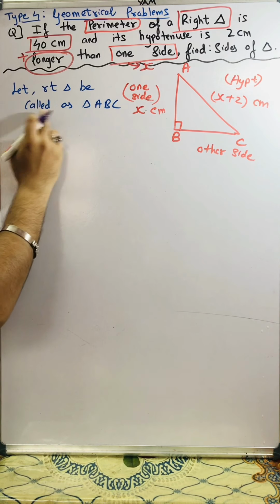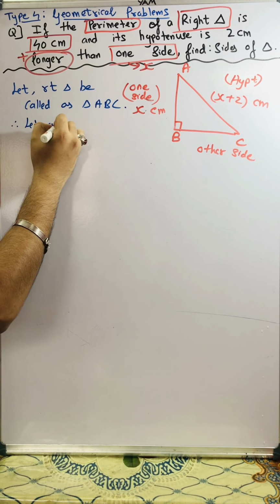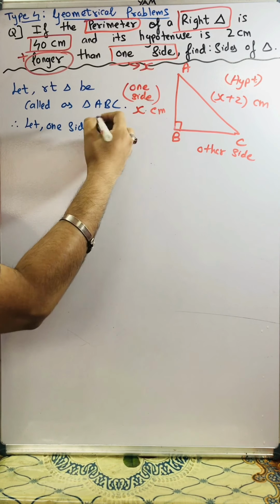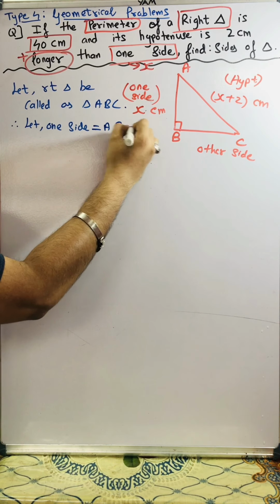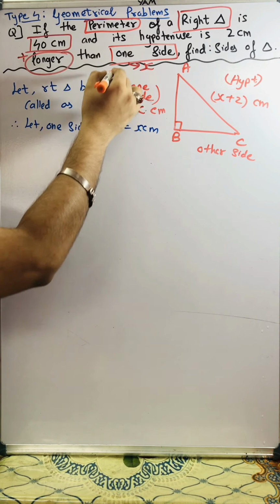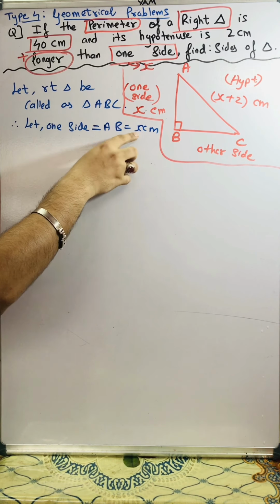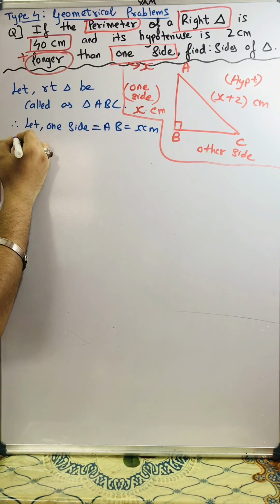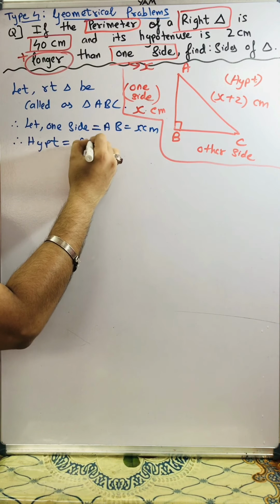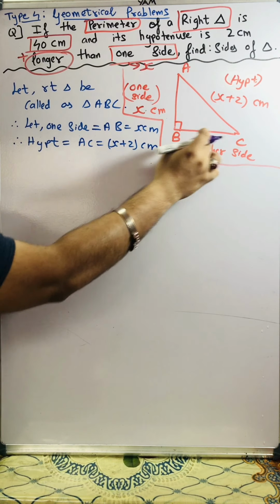Therefore, let one side, we are calling one side as AB, is equal to x centimeter. Therefore, hypotenuse, which is equal to AC in our case, is how much? x plus 2 centimeter. Yet we don't have any idea about BC.